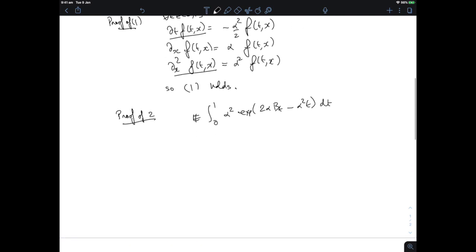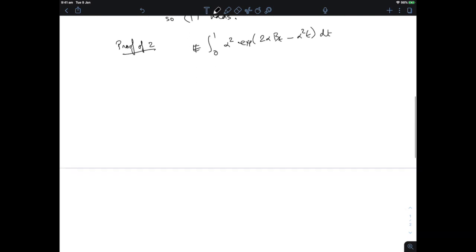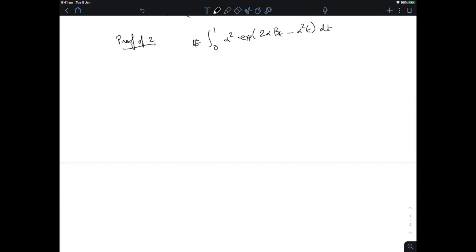Now we know that the Brownian increments are Gaussian variables, so this expectation is really the integral from 0 to 1 of 1 upon square root of 2 pi t times the integral from minus infinity to plus infinity of alpha squared exponential of 2 alpha x minus alpha squared t times exponential of minus x squared over 2t dx dt.